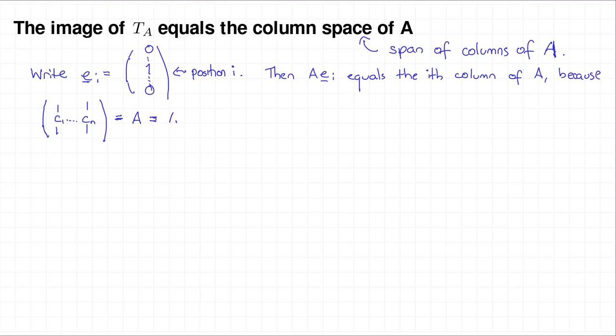But A is equal to A times the identity matrix. And I can rewrite the identity matrix as the matrix whose columns are e1 up to en.